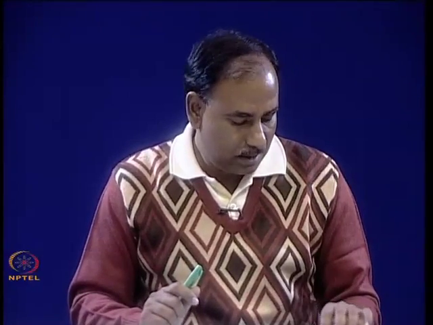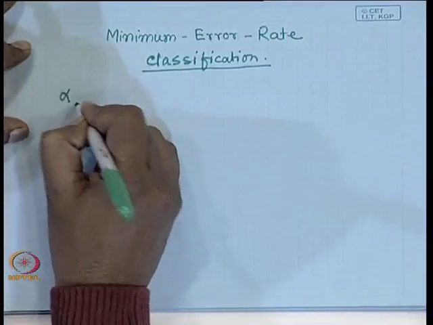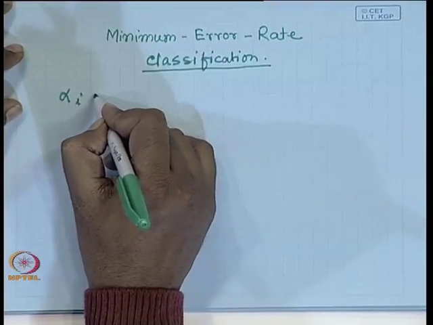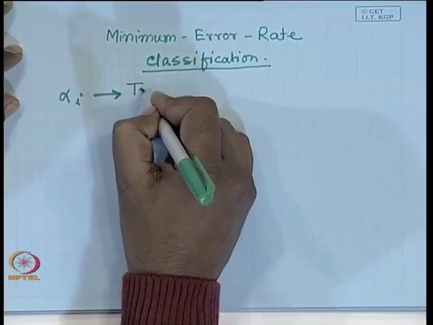Okay. So, what is this minimum error rate classification? We said that if I take an action alpha i, that means I am deciding that the true state of nature is omega i.